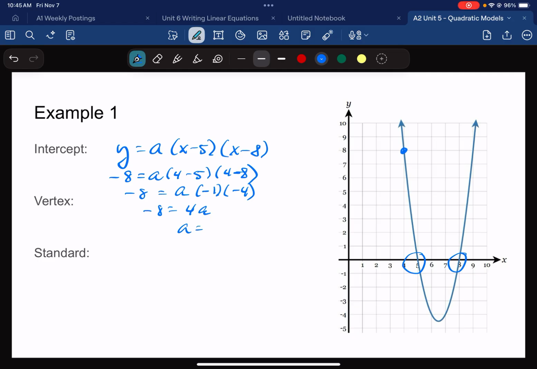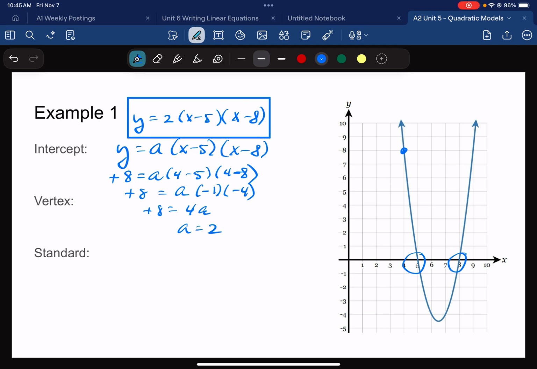The y value is positive 8. There we go. So you divide by 4 and you get 2 for your a value. So that's a. So now I can write intercept form. My intercept form is y equals 2 times (x minus 5) times (x minus 8). So there's one form I've written, okay?